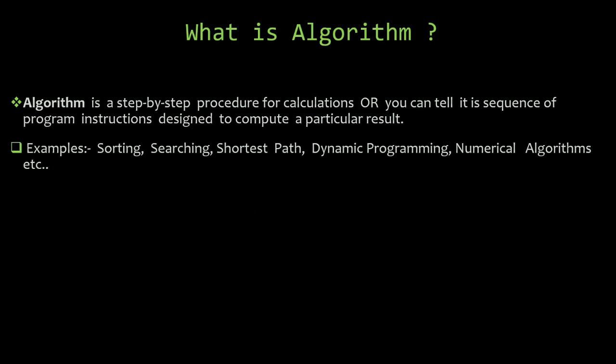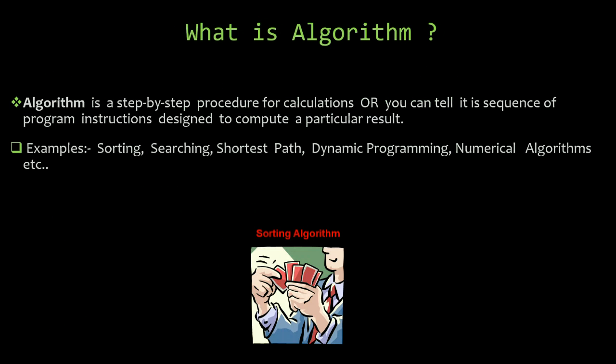So let's take one example. You have cards and you want to sort them. For that you have to give input, like above, the cards 2, 5, 4, 10 and 7, just assume. Now you want to sort it.